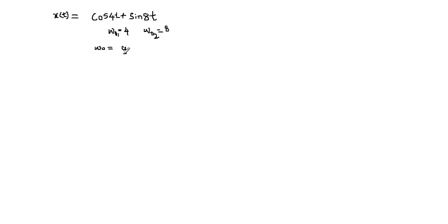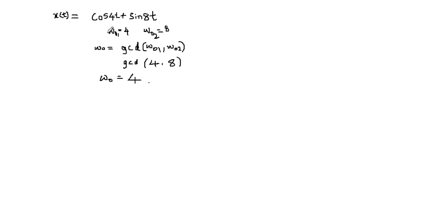So omega naught of this entire signal is the GCD of omega naught 1 and omega naught 2, that is 4 and 8. The greatest common divisor of 4 and 8 is of course 4. So our omega naught is equal to 4.